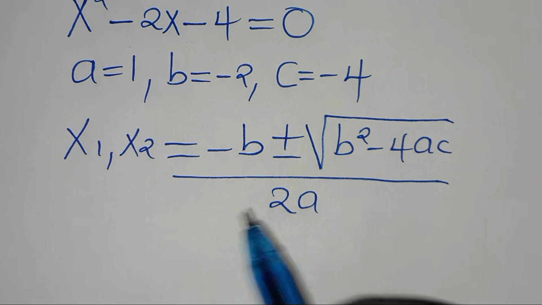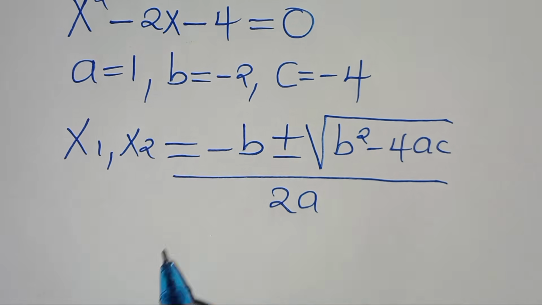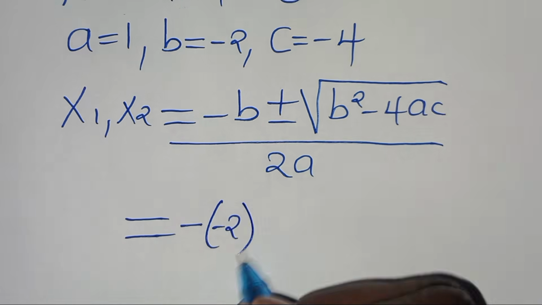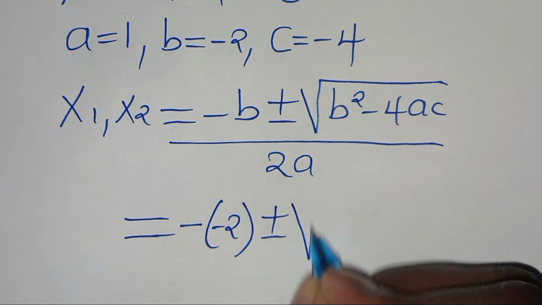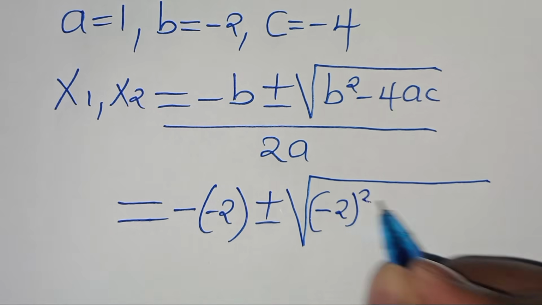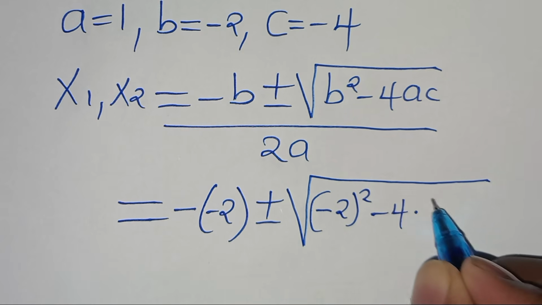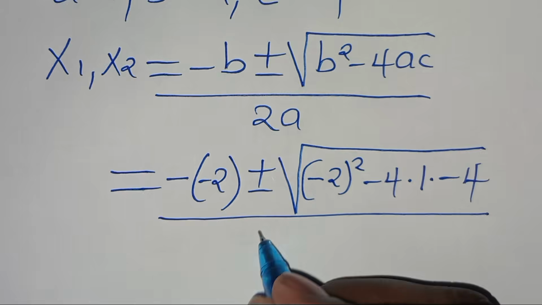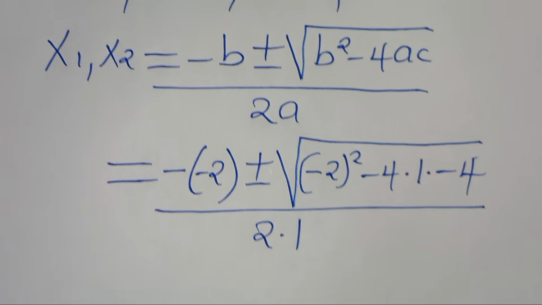Let's substitute the values of a, b, and c into this formula so that we have minus times minus 2 plus or minus the square root of minus 2 to the power of 2 minus 4 times a, which is 1, times c, which is minus 4, everything divided by 2 times 1.